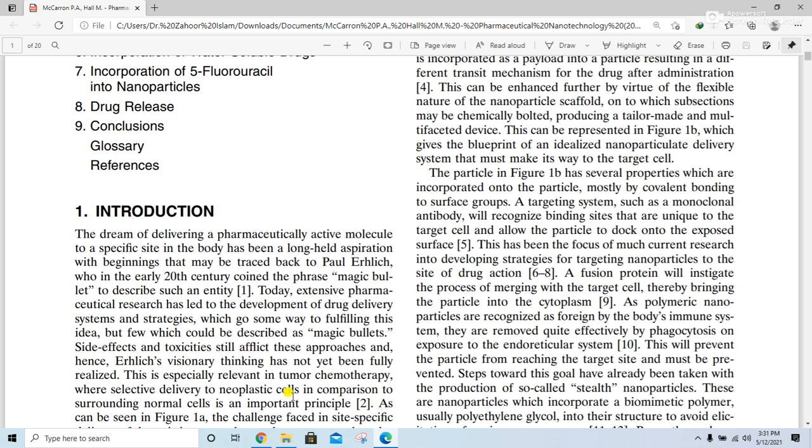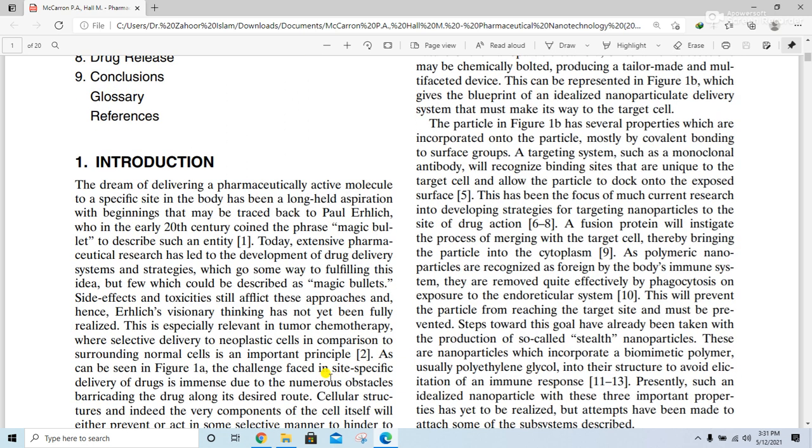This is especially relevant in tumor chemotherapy, where selective delivery to the neoplastic cell, in comparison to the surrounding normal cells, is an important principle. As can be seen in figure 1, the challenge faced in the site-specific delivery of a drug is immense due to numerous obstacles barricading the drug along the desired route.